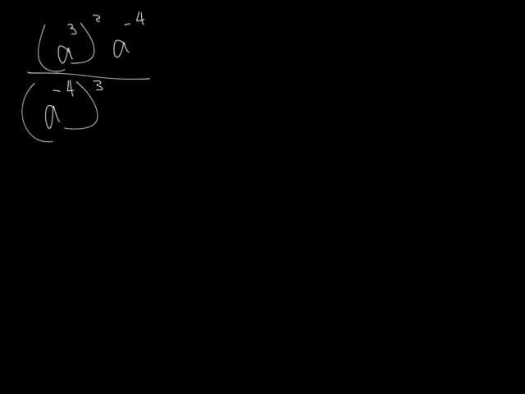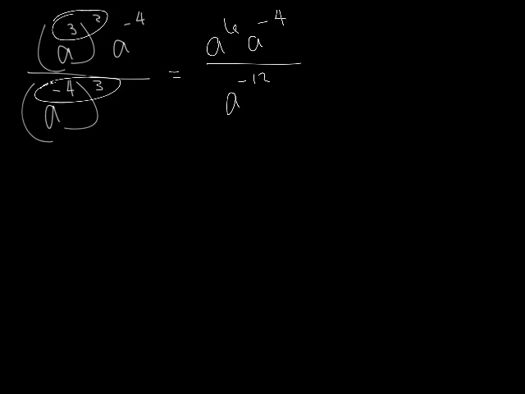Okay, so this is example 10. This one looks a little tricky, but let's just take one bit at a time. So we're going to do this part right here, a to the 6th, a to the -4th. We'll just leave that alone. Down here, we're going to write this as a to the -12.